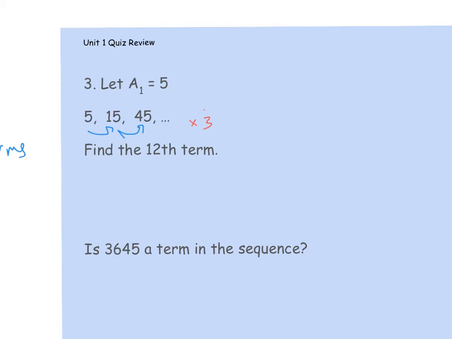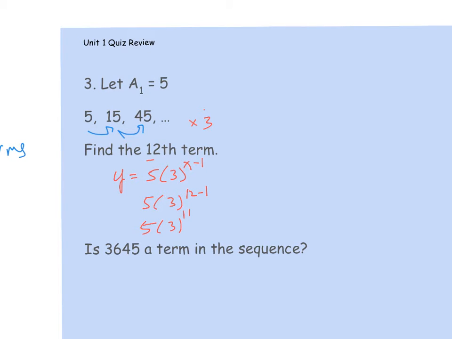So it says find the 12th term. So you can do it one of two ways. The first way would be this. If I'm using the first term 5, it's going to be y equals 5 times 3 to the x minus 1. Well, if I want to find the 12th term, that's 5 times 3 to the 12 minus 1 power, or 5 times 3 to the 11th power.